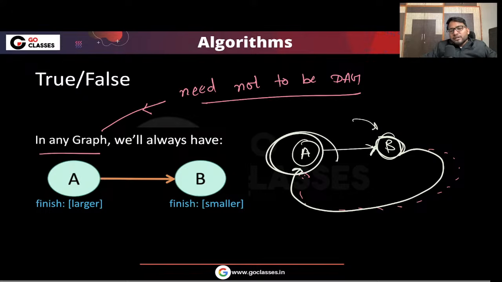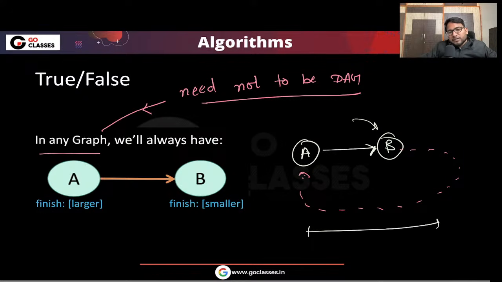It may so happen that you are starting this B first, and you can start this A in between. Because there could be the cycle, you can start this A in between. So it need not be the case that you will always be finishing this B first, because there could be the cycle.